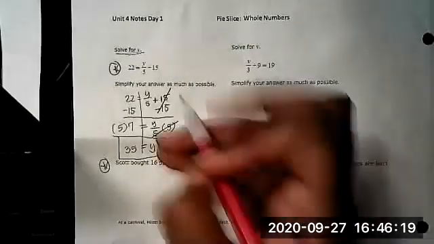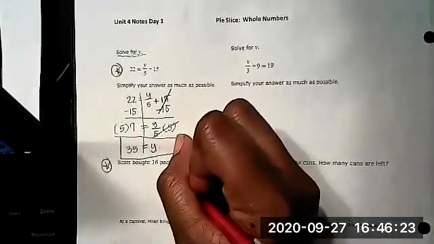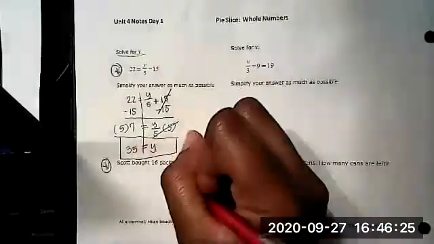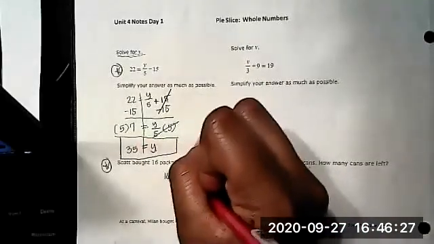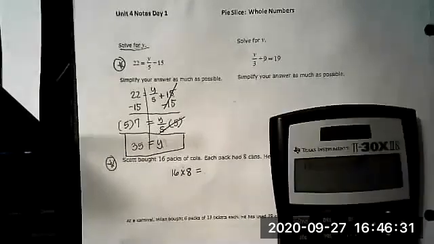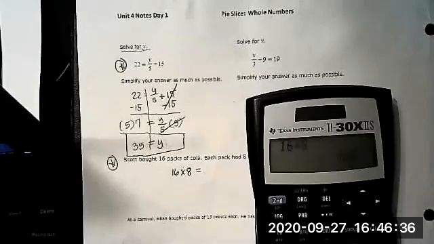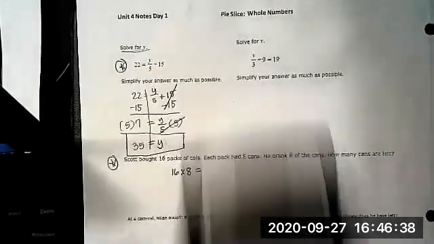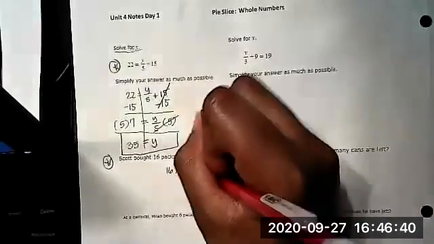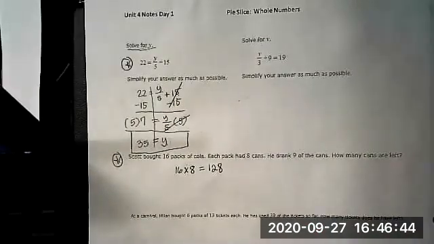So if he has 16 packs of cola, and each pack has 8 cans, 16 times 8 will give you how many colas he has in all, okay? So I'll just throw that in my calculator, 16 times 8. 128 is my answer there. So he has 128 colas altogether.